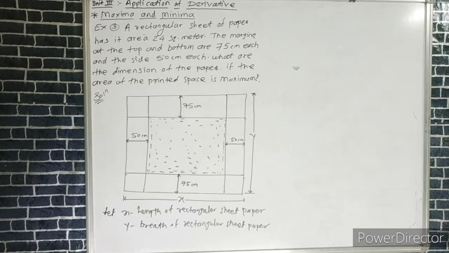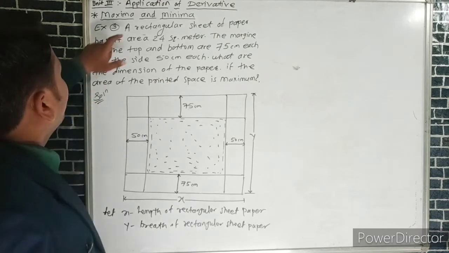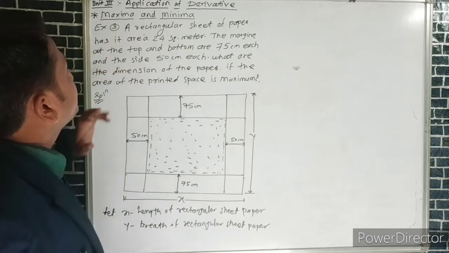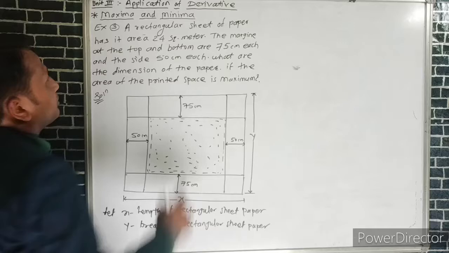By the given condition, the area of the rectangular sheet paper is 24 square meter.